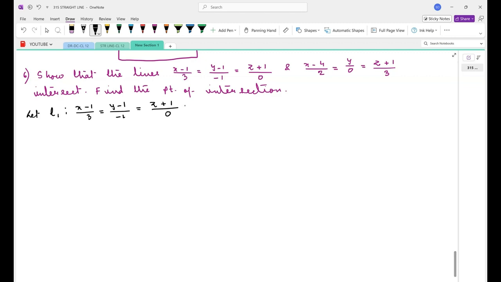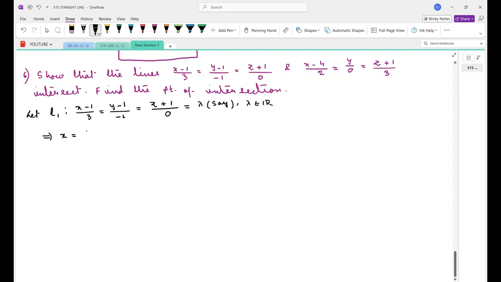Now, let us say that each of the ratios has a constant value. Let us suppose that value is lambda, say. Of course, lambda is a real number. So now from here, let us find out what is x.